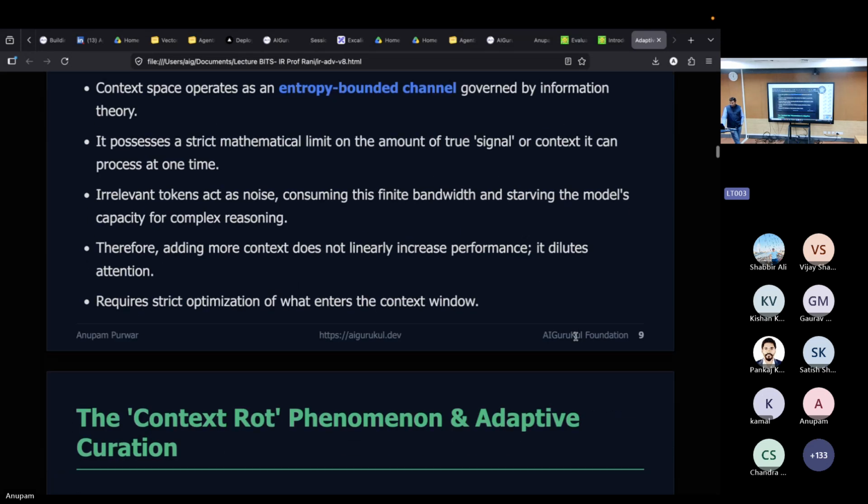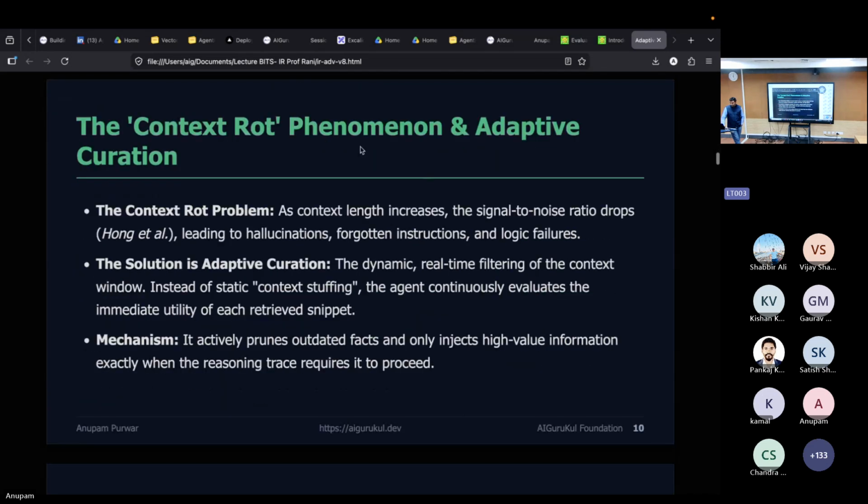That thing is actually known as context rot. So the context window has increased, so you can feed more information, but if you do, then it becomes a problem of signal to noise ratio. How much information is really good quality with low noise, and how much should be filtered out.